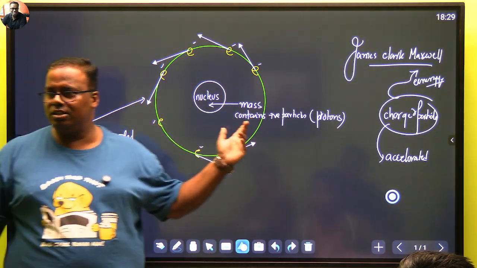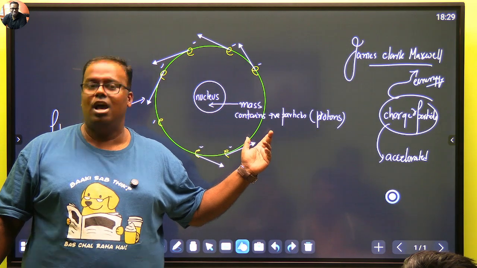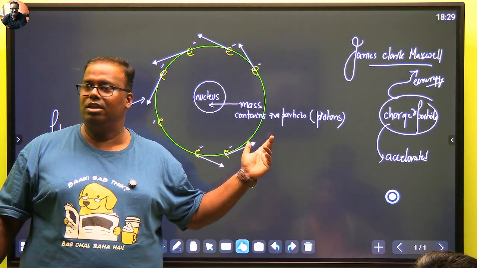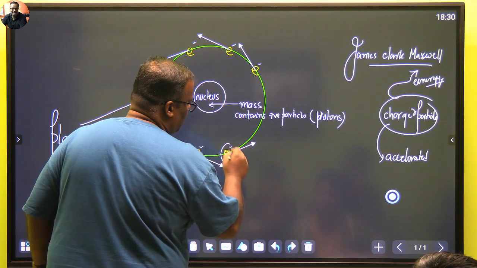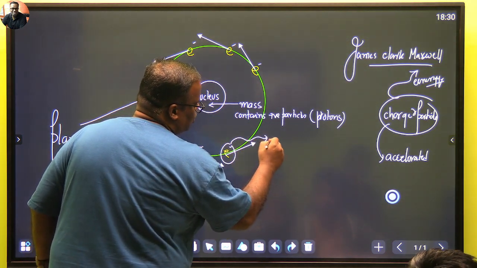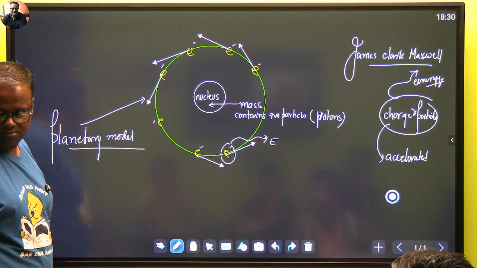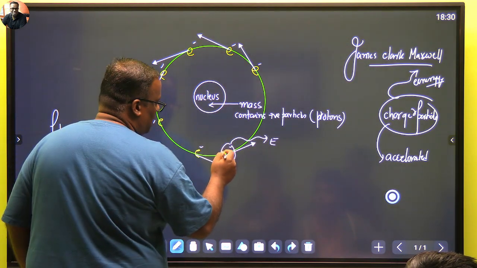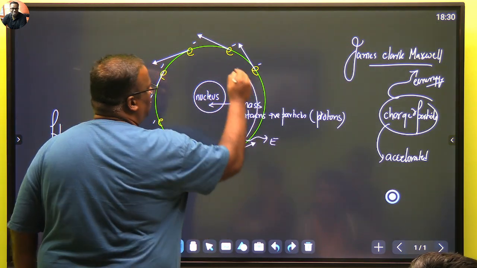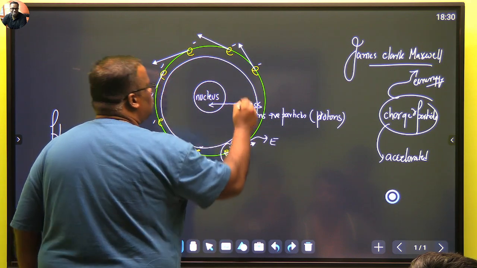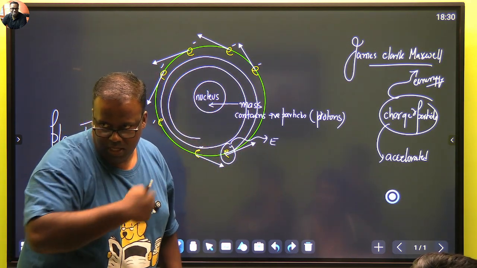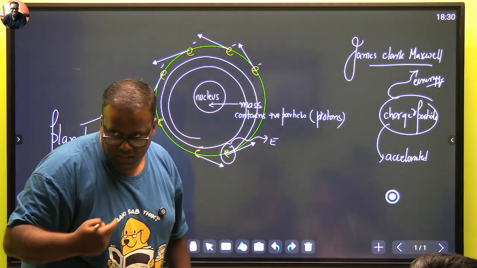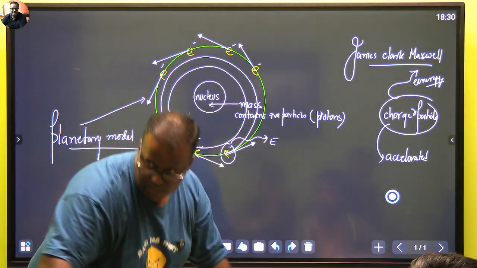So aren't the electrons accelerated? Yes. Are the electrons charged particles? Yes. Then it means these electrons should be losing energy. If they lose energy, rather than following a circular path, they should slowly follow a spiral path. दौड़ते हुए एक घोड़े की अगर आप गर्दन को काट देंगे तो घूमते घूमते आगे धड़ाम से गिर नहीं जाएगा.